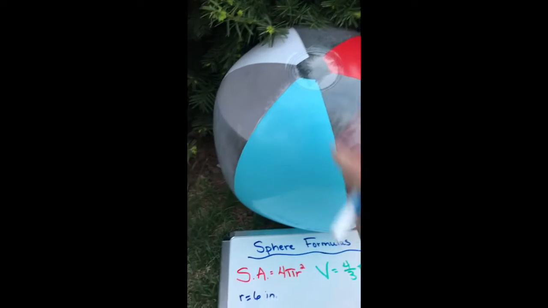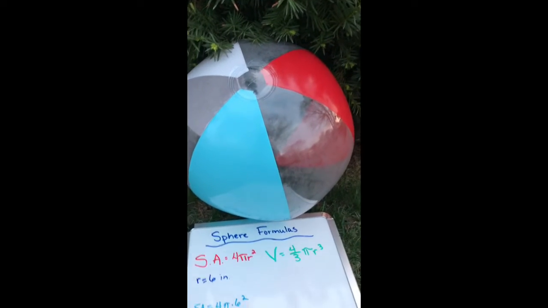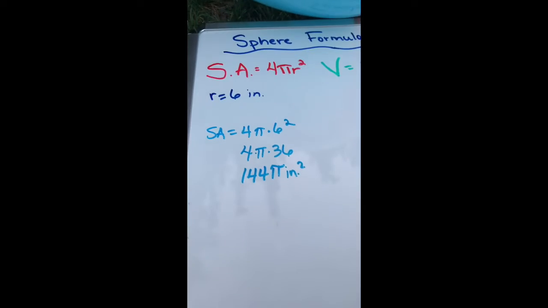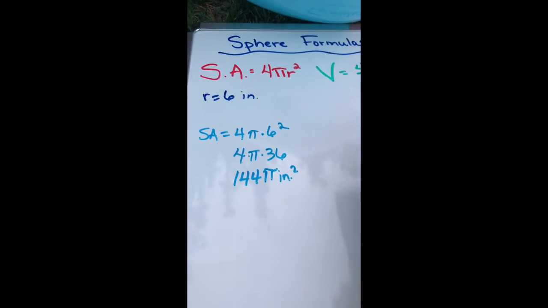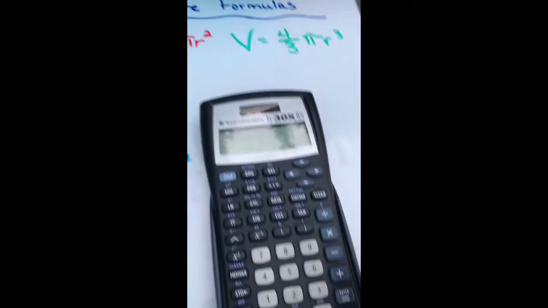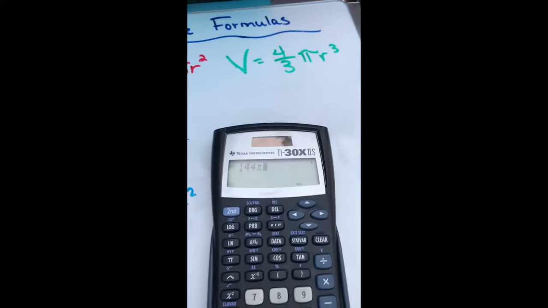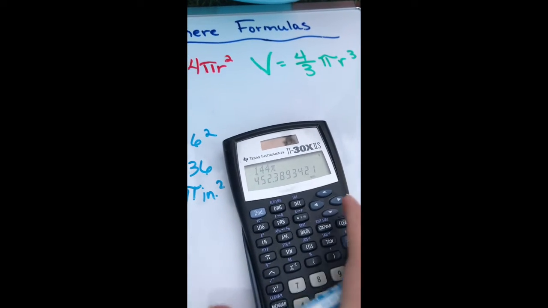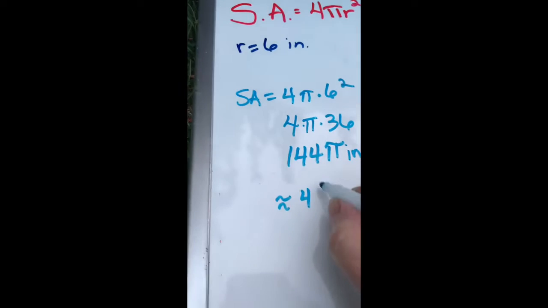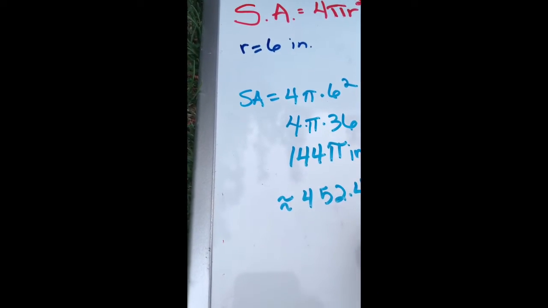So this would be like if I cut all of these pieces, these sections out, and I flattened them out and laid them out, that would be the surface area. Okay, so 144 pi, and so then I can round to the nearest whatever. 144 pi is approximately equal to 452.4 inches squared.